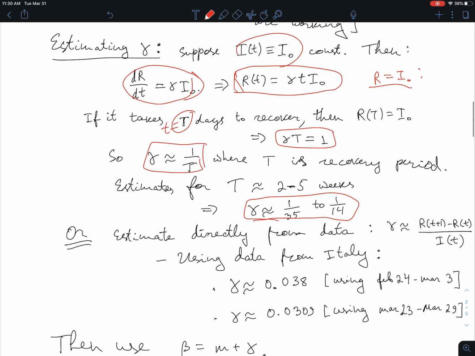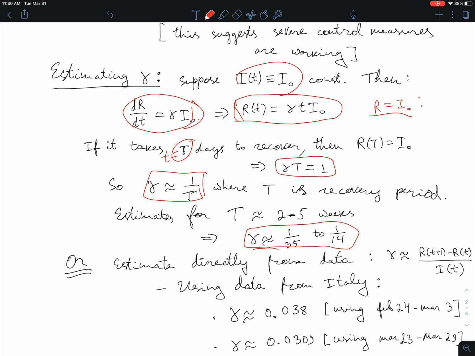So one other possibility to estimate gamma is to do it directly from the data.